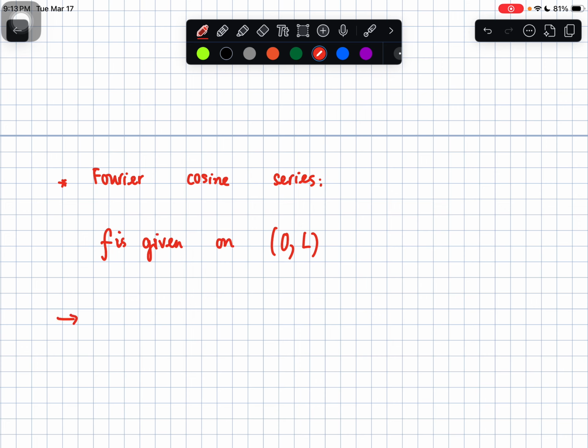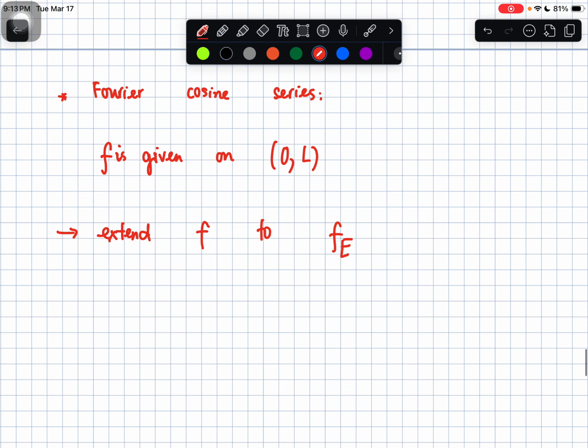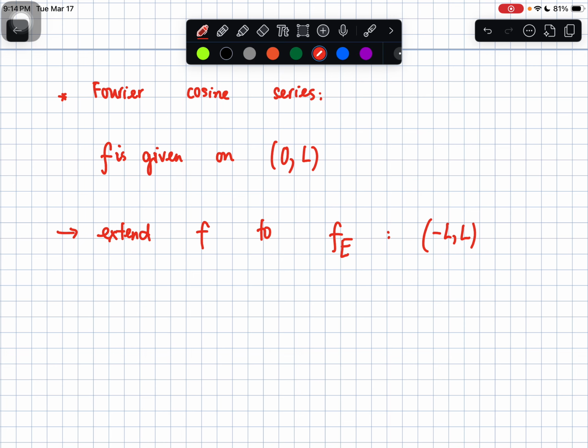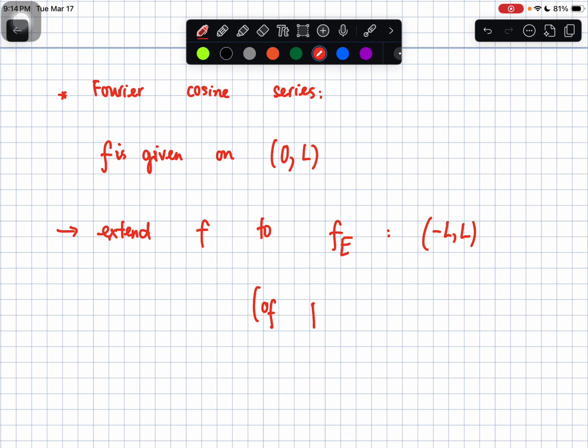Now we extend f to f even. So we have the domain minus L to L for one full period, and then for the other intervals, we will just copy what happens here, with period 2L.